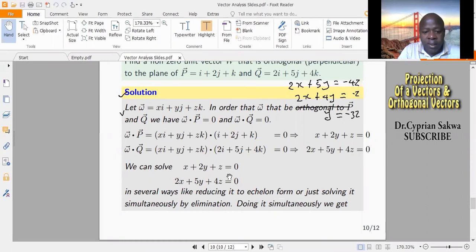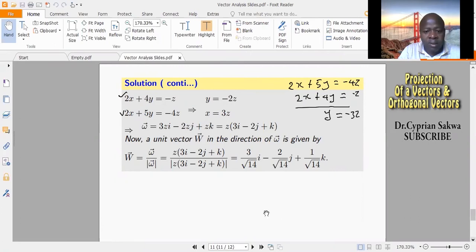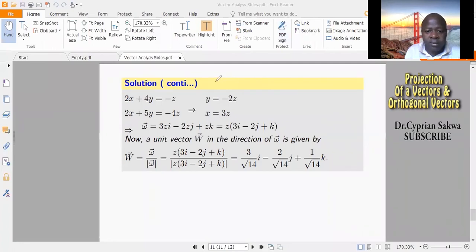Let me just carry the equations first of all before I do this, so that you see what I did. Let me just delete this. So just before this, what I had was x plus 2y. Let me just go back and see.